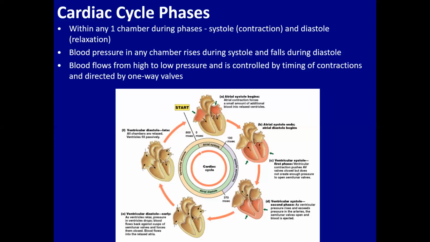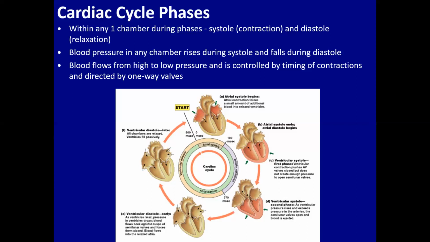Okay. So when you look at this image, let's start where it says start, and the green arrows are indicating to you contraction. The black arrows are indicating to you the flow of blood. All right.